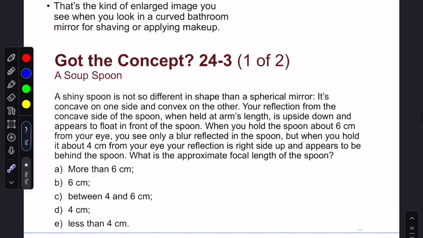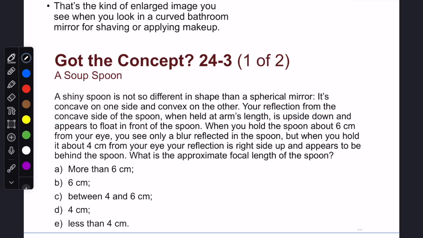So let's look at this concept. Based on the qualitative aspects of the image produced by a concave mirror, let's look at a spoon. We have a shiny spoon. It's kind of spherically shaped, right? One side is concave, one side is convex. Let's say that we look at our reflection from the concave side of the spoon.